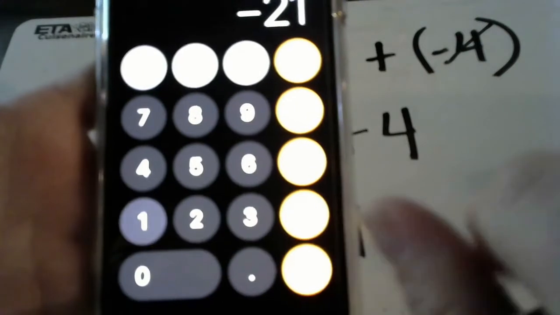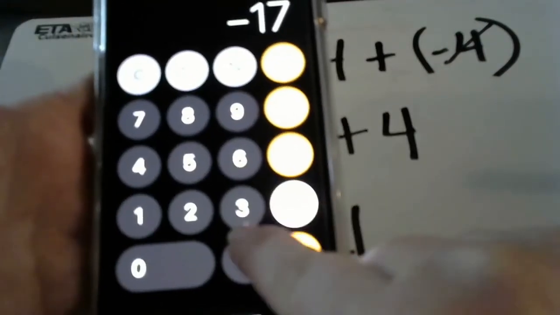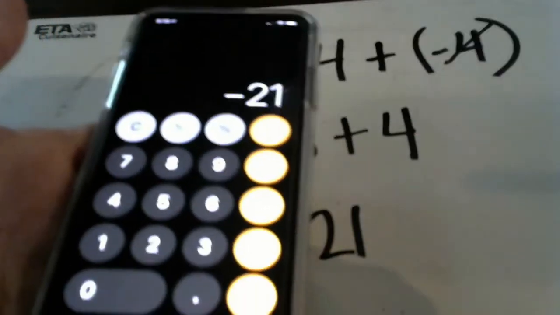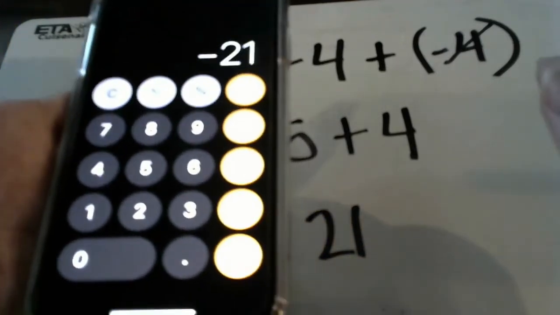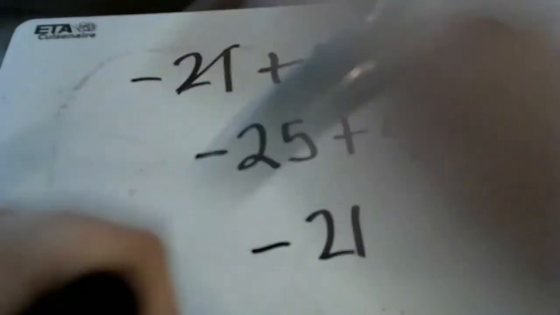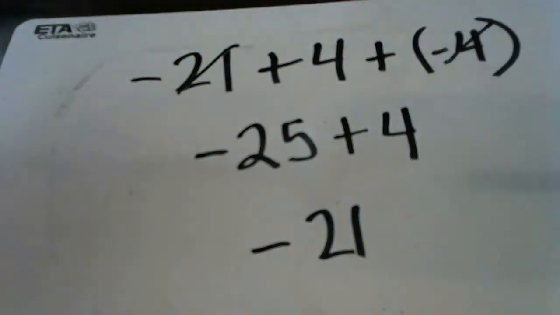Negative 21 plus 4 plus, there we go. It's going to be right now. Negative 21. I don't know what I was doing. Must have been clearing out that negative. Okay. So, got to be smarter than the equipment you're working with, Miss Mitchell.